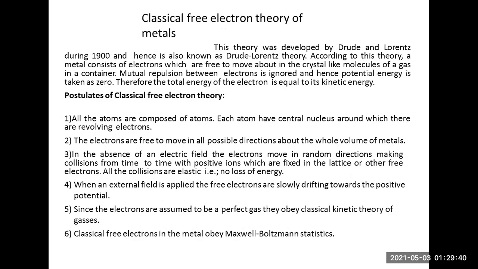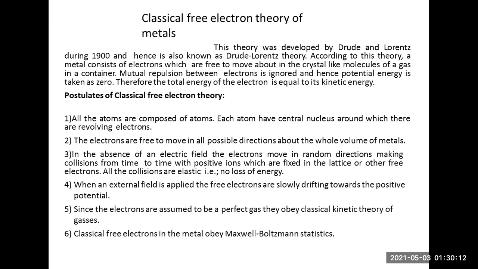So what is the first theory put forward by Drude and Lorentz? How do the crystals behave, what is happening to the arrangement of these atoms, molecules, or ions? Particularly we discuss the metals. If the solid is a metal, then when I say metal, it is a conductor.